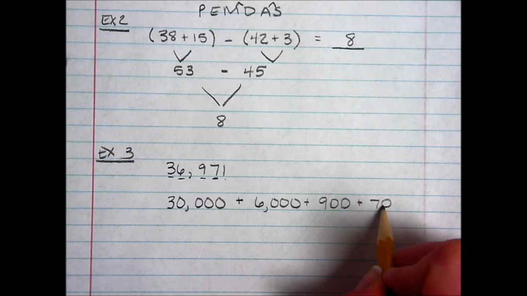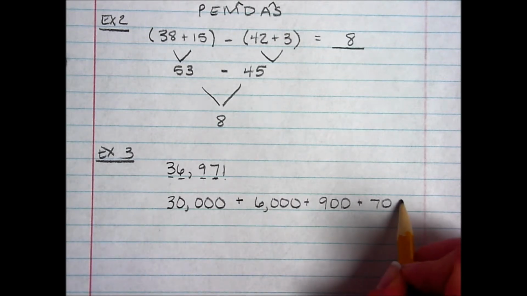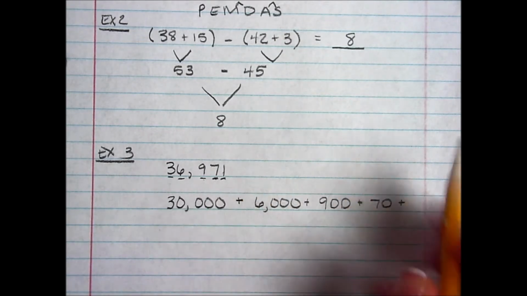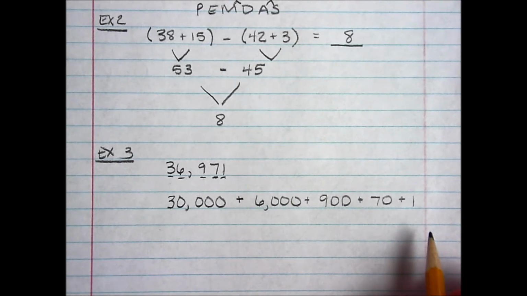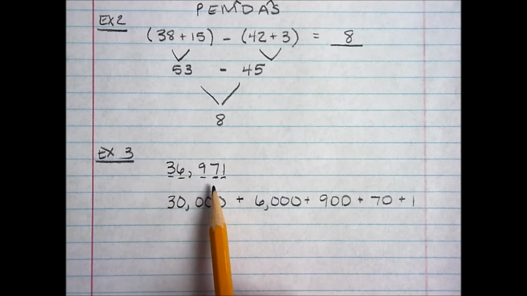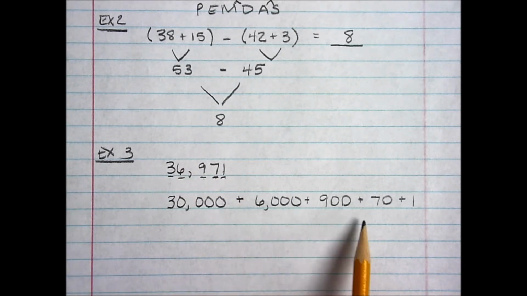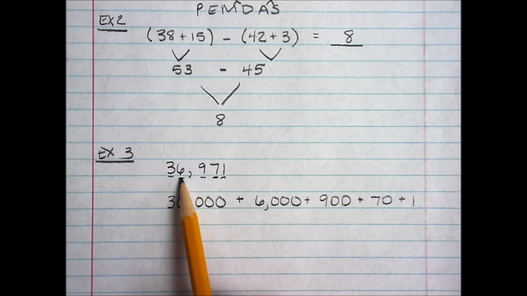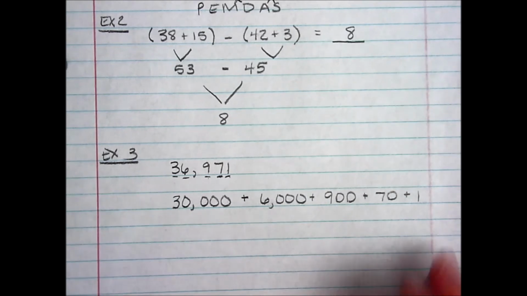And so we only have to add 1 0. And then finally, we have our ones place, and it's just a 1. And so this is an expanded form. Now, if you have a 0 within your number, you don't have to write that 0. You just skip it and move on to the next whole number that is available.